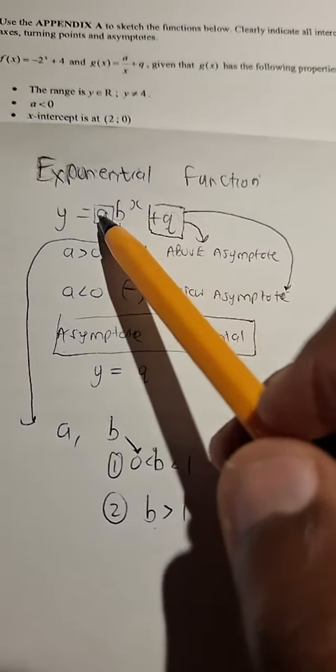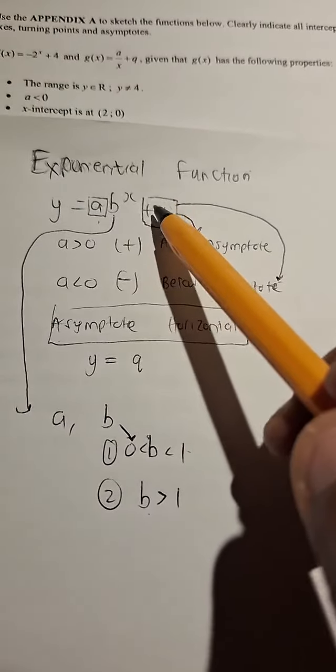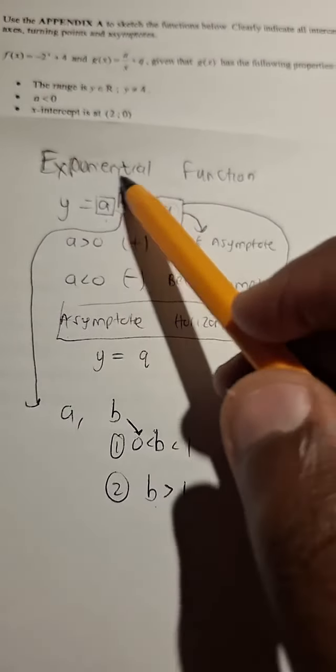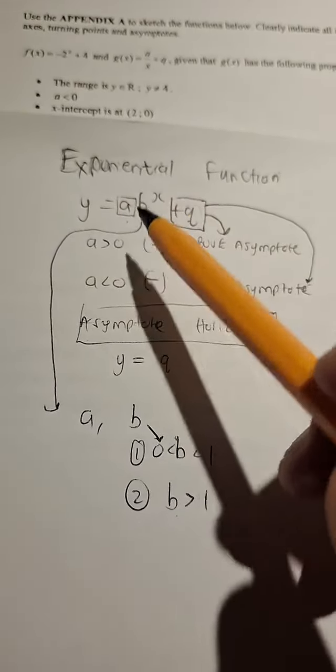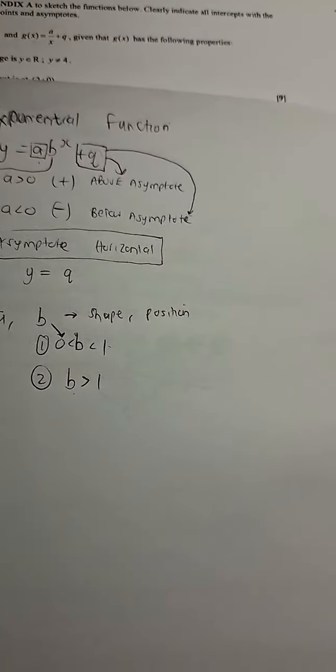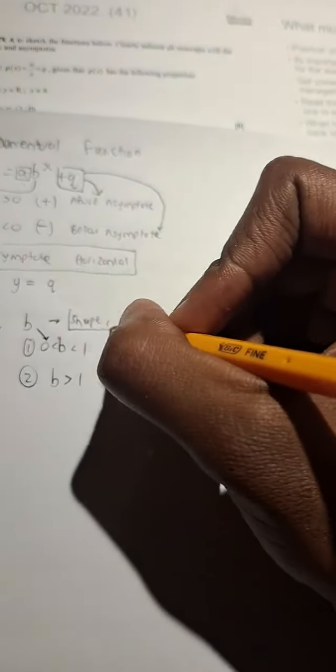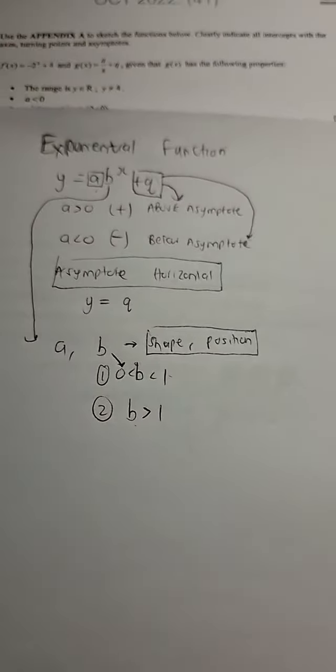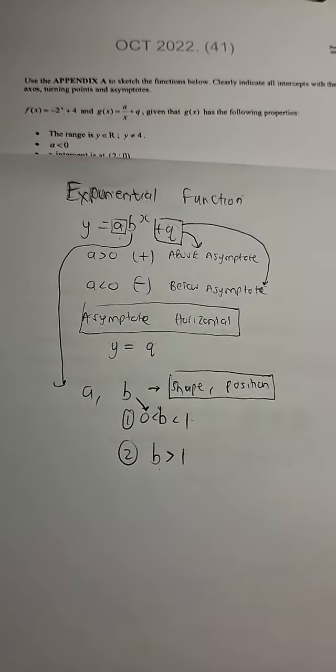Like I said, the form is ab to the power x plus q. a and b together will give us the idea as to what is the shape and the position of the function that is exponential. So that's just a brief summary.